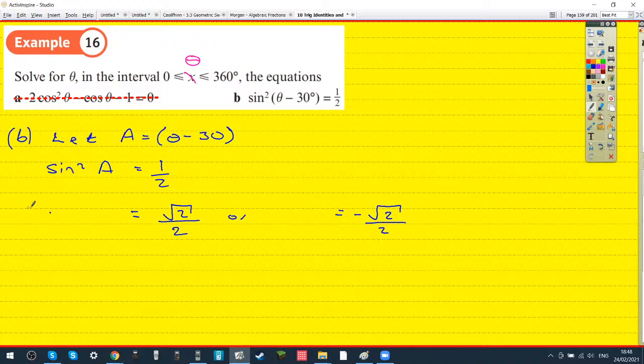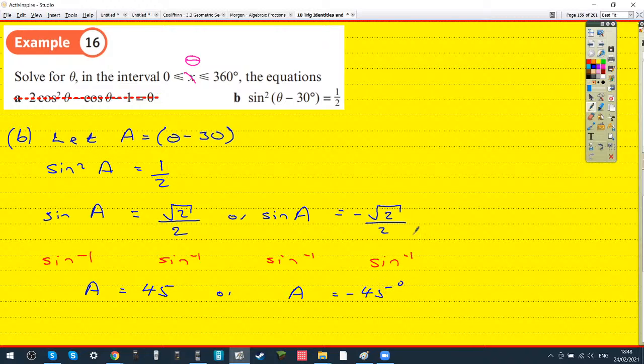Sine A. Well done. And then inverse of root 2 over 2. Yeah. 45. Okay. And minus 45. Plus minus 45.